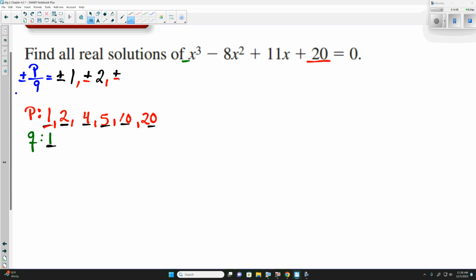Plus or minus 4 divided by 1 is 4. 5 divided by 1 is 5, 10 divided by 1 is 10, and 20 divided by 1 is 20. And for any of these rational zeros, we will have plus or minus pretty much all the factors of P, because when we divide by 1, we just get the number back.